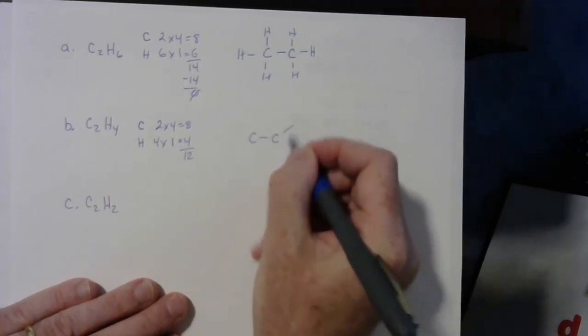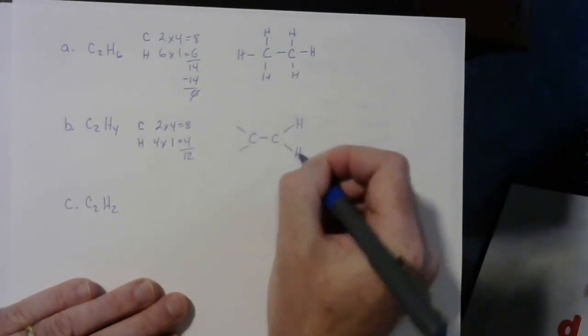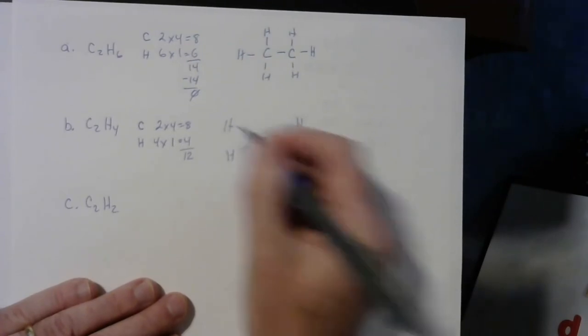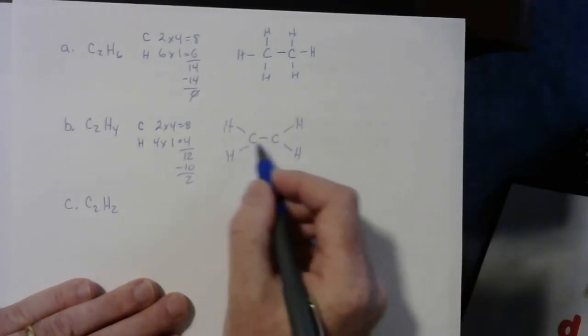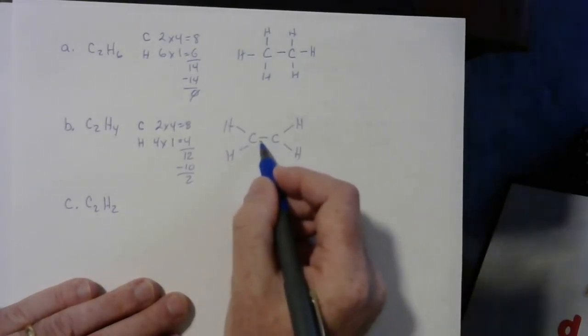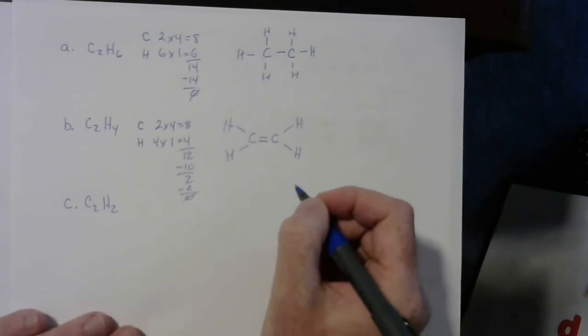So my skeleton is going to look more like this. So 2, 4, 6, 8, 10. That takes away 10. Leaves me with 2. Since the carbons both still need 2, I need to double that bond to satisfy it. And that makes complete sense.